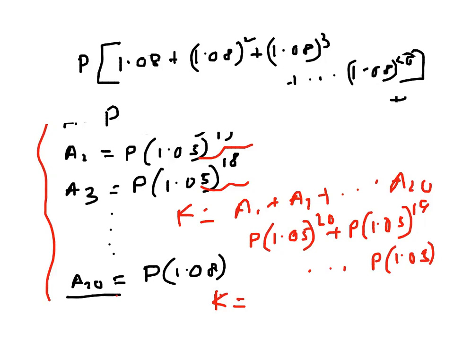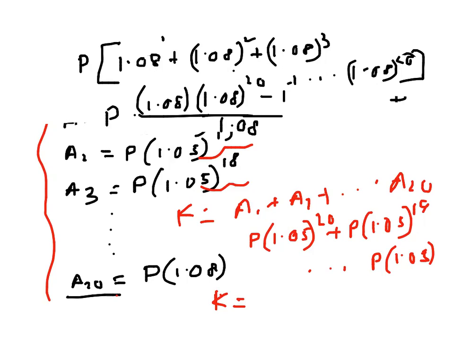So the total amount is P times: a is 1.08, r is 1.08 again, and terms there are 1, 2, 3 up to 20, over 1.08 minus 1. So this will be the total sum, and P is whatever the invested amount. So this is how an investment can be, like an every-year investment that amounts up to something after certain years. So this is another problem that can be there.